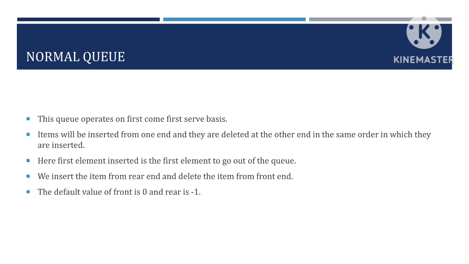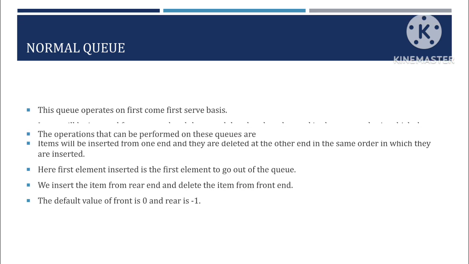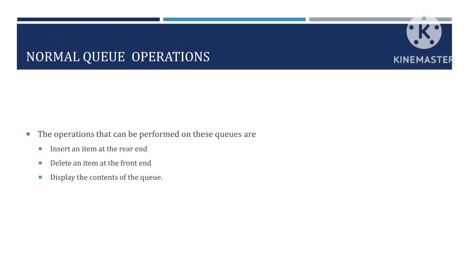The default value of front is assumed as 0, whereas the default value of rear is assumed as -1. In the case of simple queue, we have basically three different types of operations that can be performed on that queue.